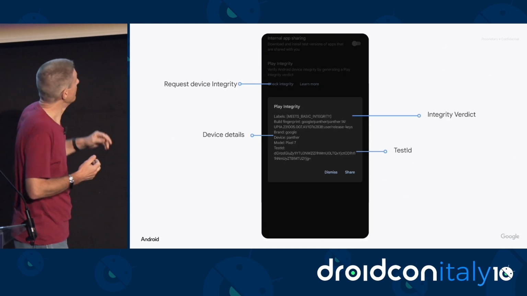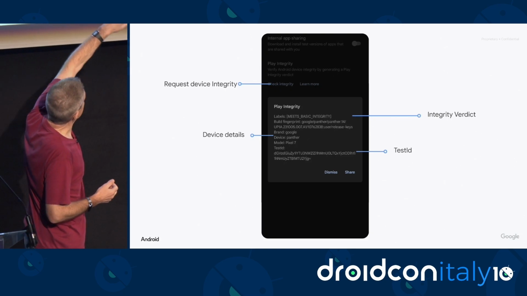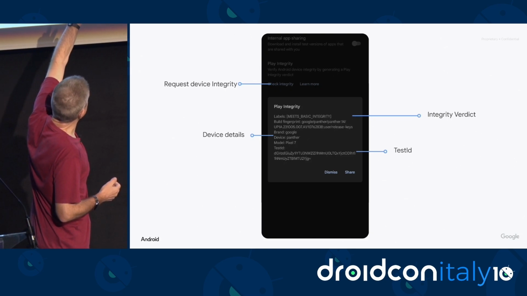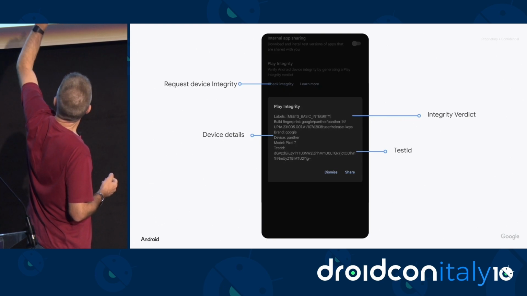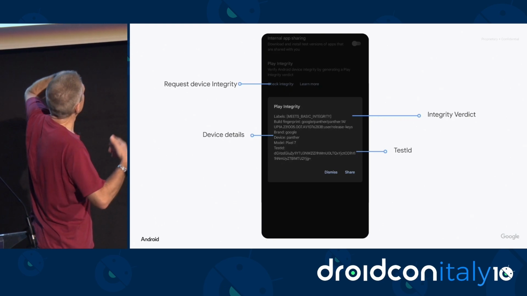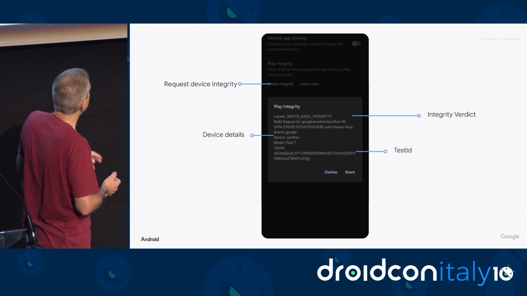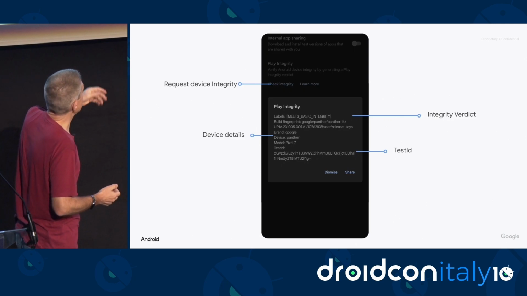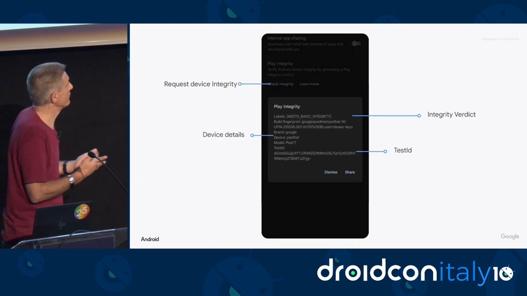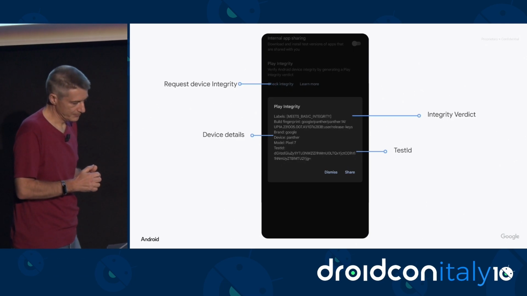So you get the integrity verdict. In this case, it meets basic integrity. The device details, Panther is Pixel 7, and a test ID that you can then use in the logs if you need.